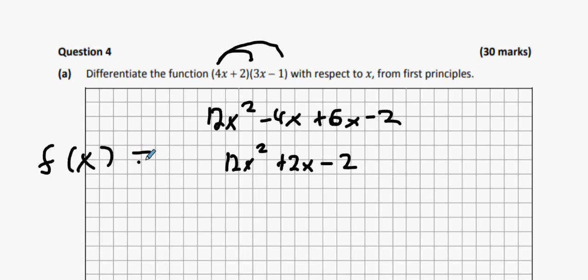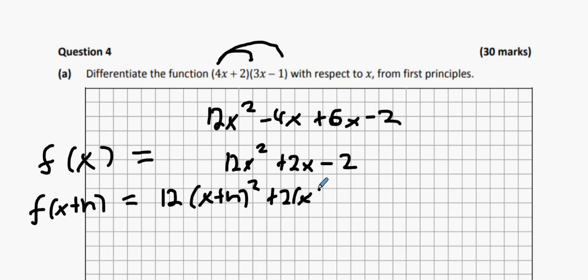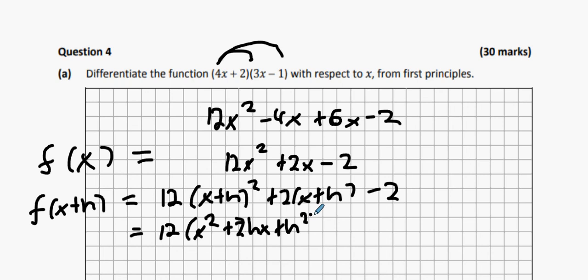Okay, now we're going to go through the rules for first principles. We're now going to do f of x plus h, so it's going to be 12 times x plus h squared plus 2 times x plus h take away 2. It's going to be 12 times x squared plus 2hx plus h squared plus 2x plus 2h minus 2.